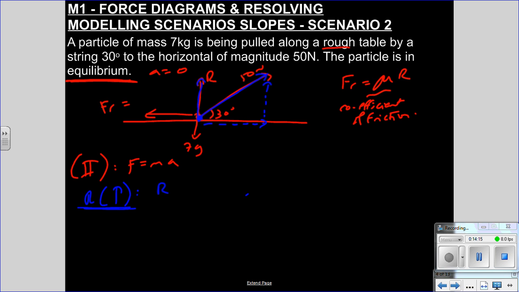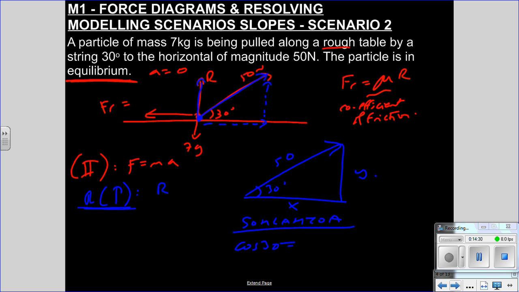Well, it's easy. If I draw that triangle again, here's 30 degrees, here's 50, here's x and y. We know through SOHCAHTOA that cos 30 equals adjacent over hypotenuse, so x over 50. So therefore x would equal 50 cos 30, right?